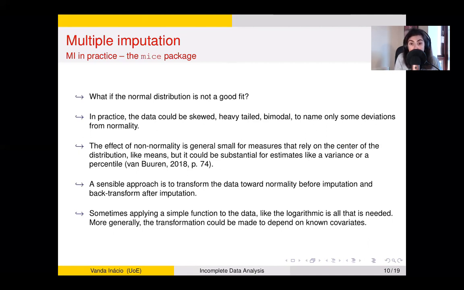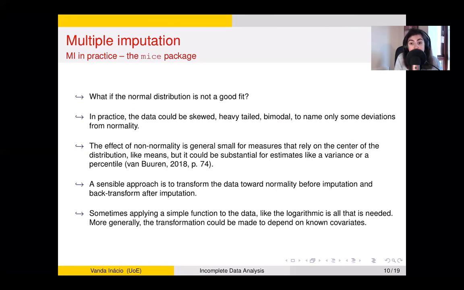So what can we do? Well, there are several approaches. First, we can transform our data before imputation, and then after imputation we can back transform our data. For instance, we know that sometimes if the response is positive, we can try to take logs. It's usually our first attempt to normalize variables that are continuous and non-negative.